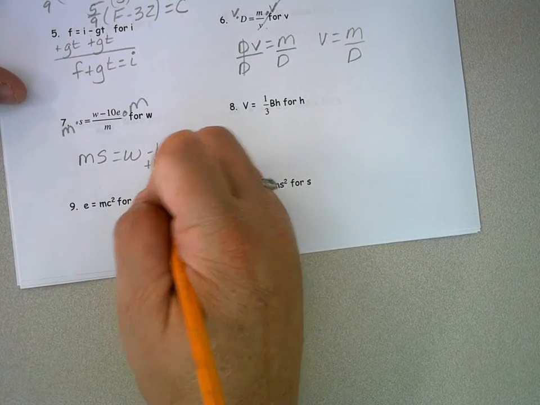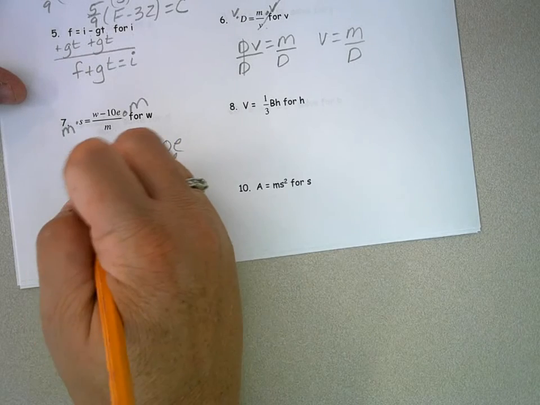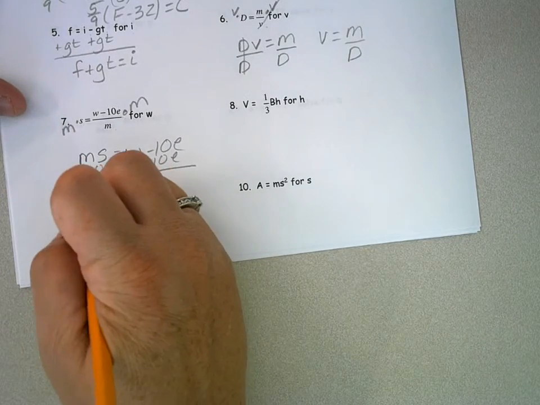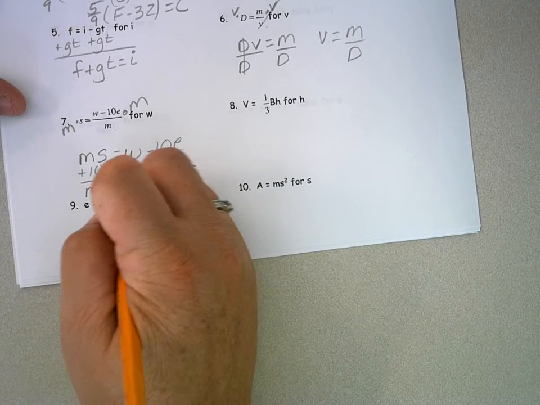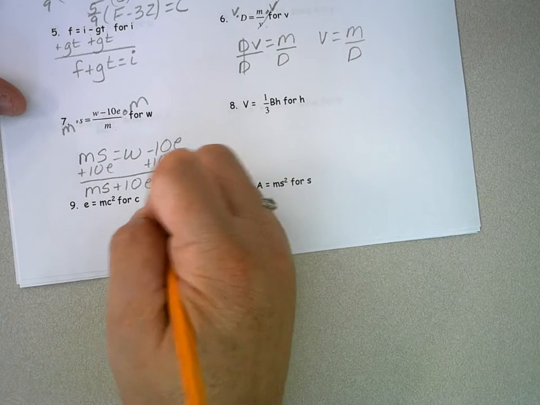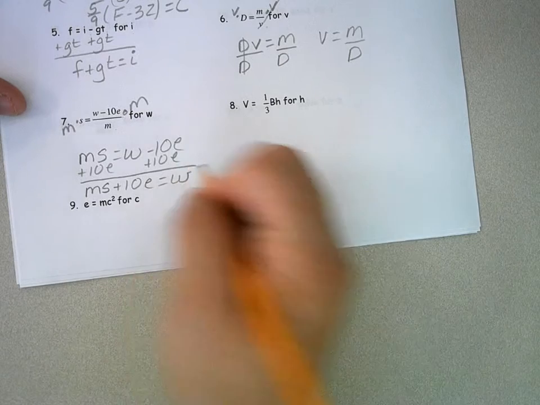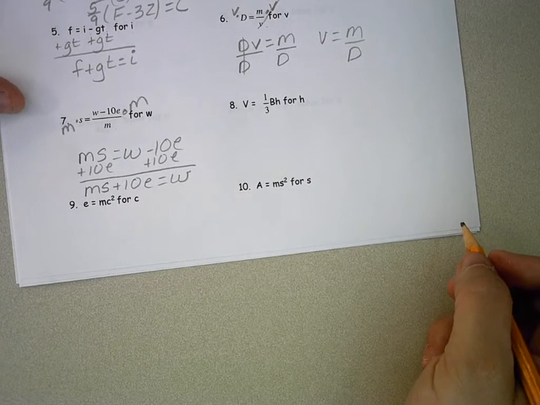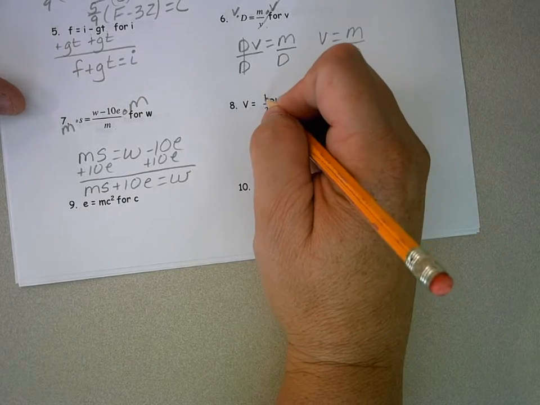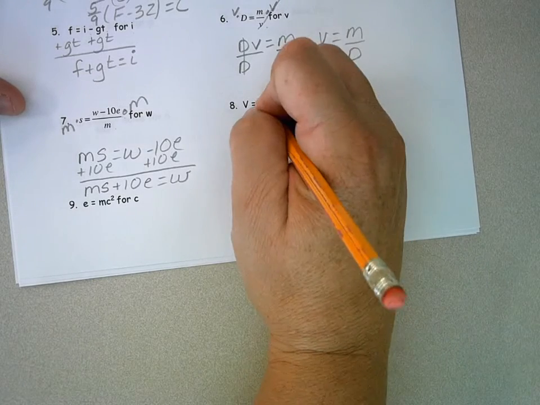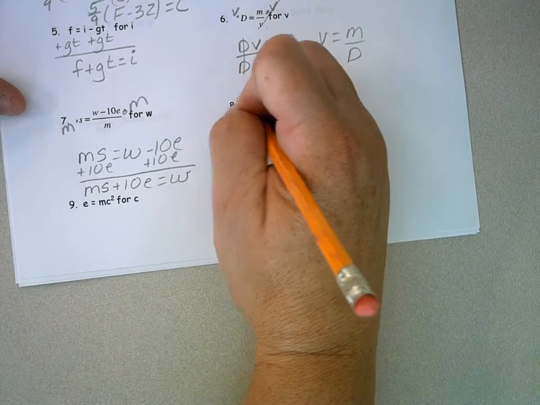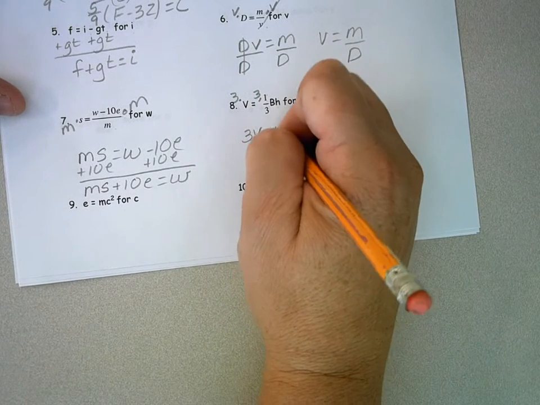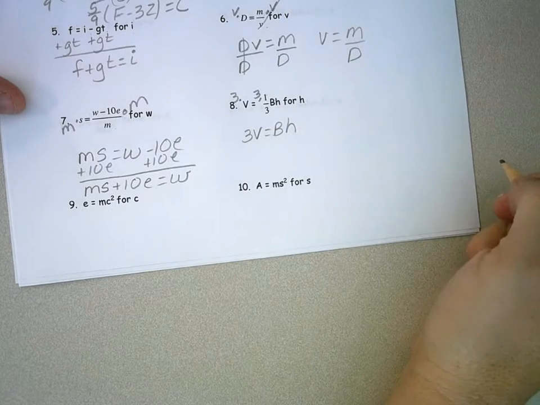And then to get rid of that subtract 10E, you add 10E to both sides, and you have MS plus 10E equals W. Number 8, to get rid of 1 divided by 3, we're going to multiply both sides by 3, and that becomes 3v equals bh.